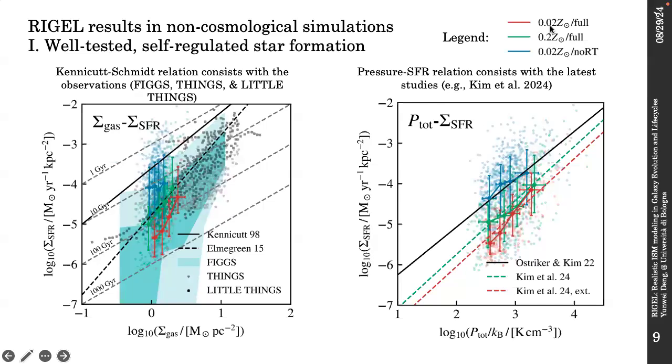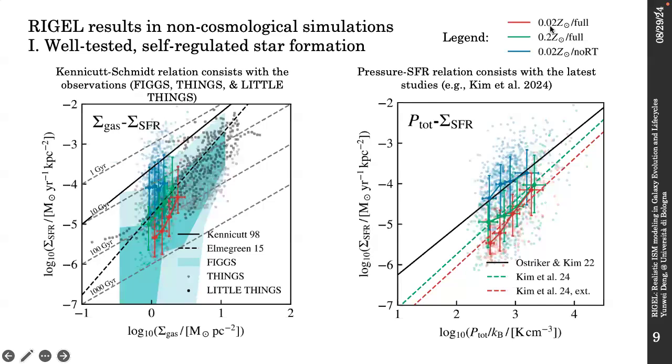The red points are from the metal-poor galaxy initialized from 0.02 solar metallicity, and the green dots are from 0.2, a little bit more metal-rich. And lastly, the blue points are from a simulation without any radiative feedback, labeled as no RT, meaning there is no radiative transfer and no radiative feedback.